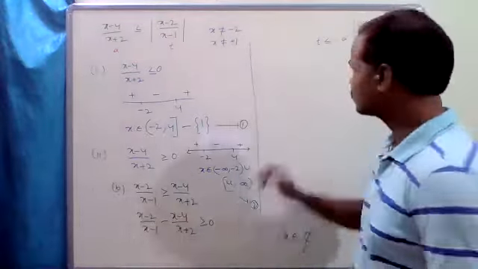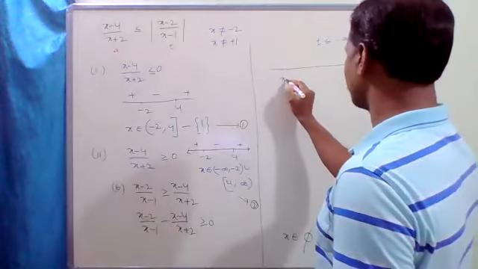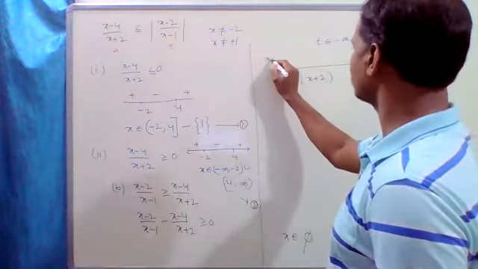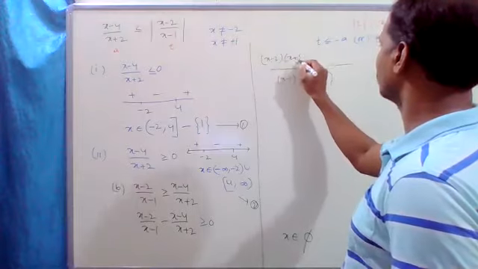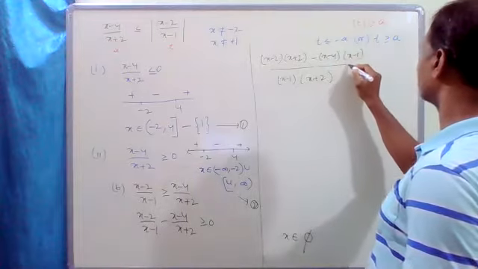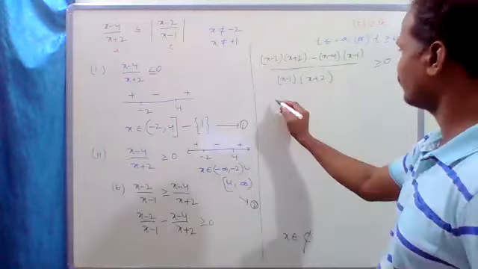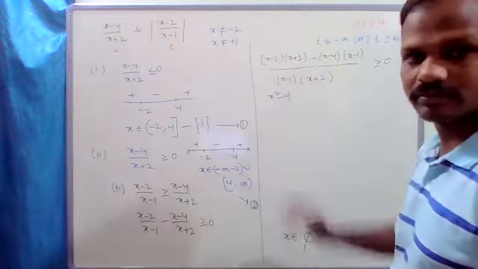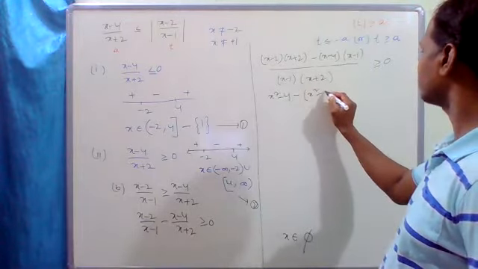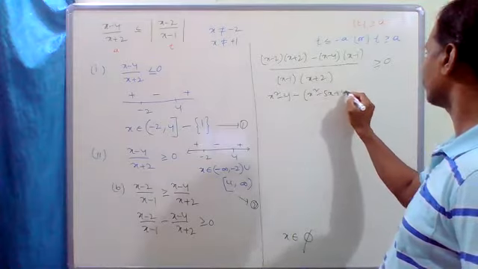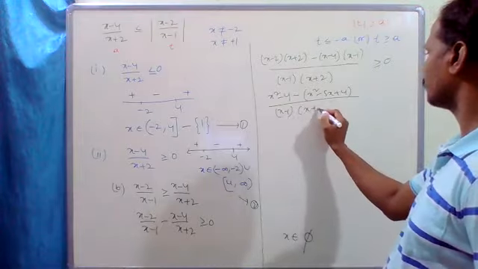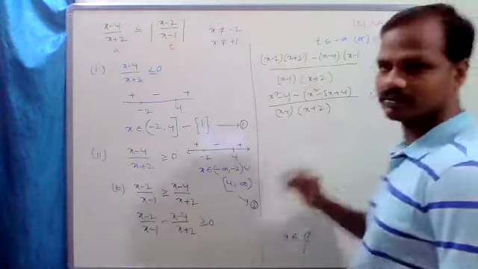Now take the LCM. The LCM is (x minus 1)(x plus 2). Now this is (x minus 2)(x plus 2) minus (x minus 4)(x minus 1), which is greater than or equal to 0. So simplify: x square minus 4, minus x square minus 5x plus 4, over (x minus 1)(x plus 2), greater than or equal to 0. Now x square will be cancelled, so we get 5x minus 8 over (x minus 1)(x plus 2) greater than or equal to 0.